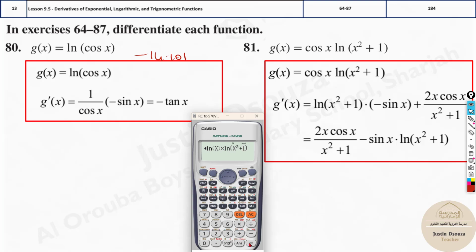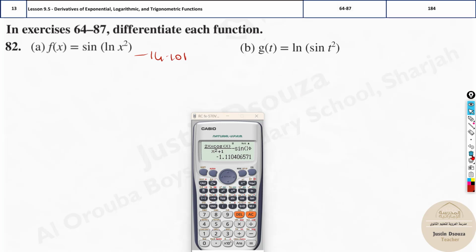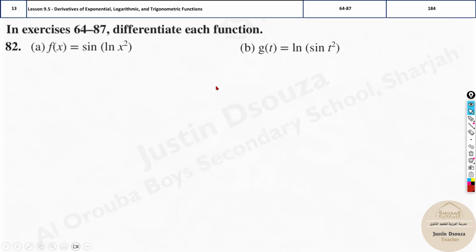And close the bracket here. The answer calculated at 1.5 is the same value. So if you calculate it at 2, it varies, but then you have to derive this also at 2. But we'll calculate it at 1.5 because we did this. It was minus 1.11. That's the correct answer. So this is how you solve all these problems in the calculator directly.